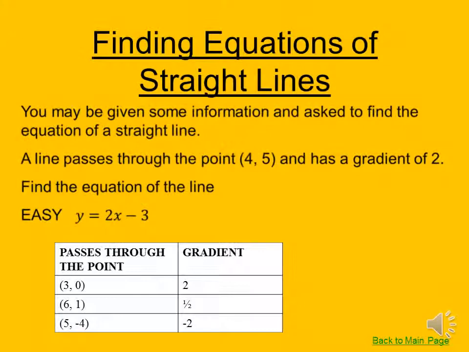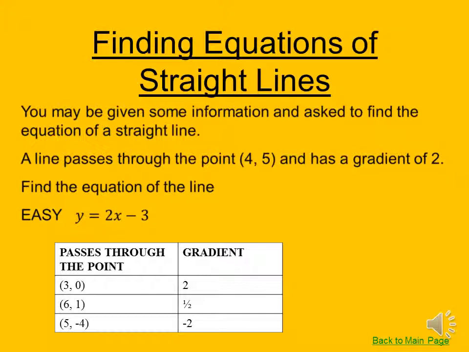Okay, now I've got a straight line that passes through the point 4, 5 and has a gradient of 2. What's the equation of the line? Well, it's simply y is equal to 2x minus 3. So how did I get that? I substituted the gradient m into the equation y is equal to mx plus c.